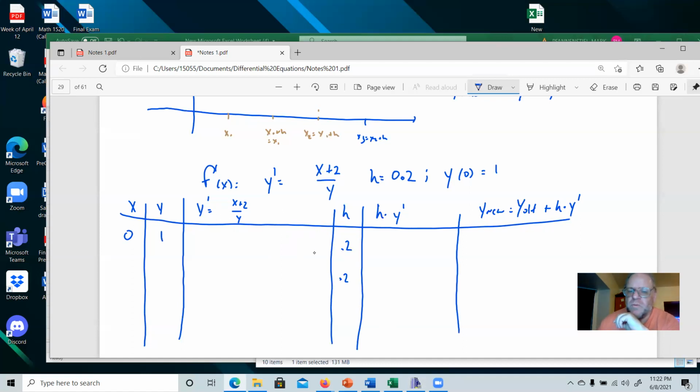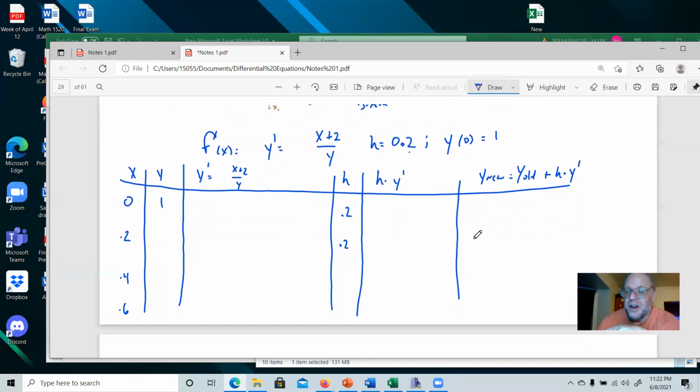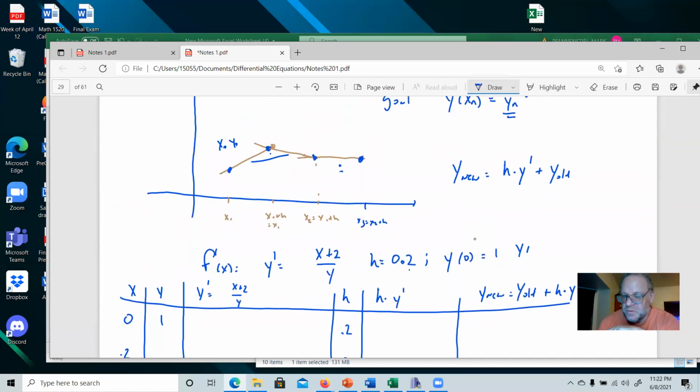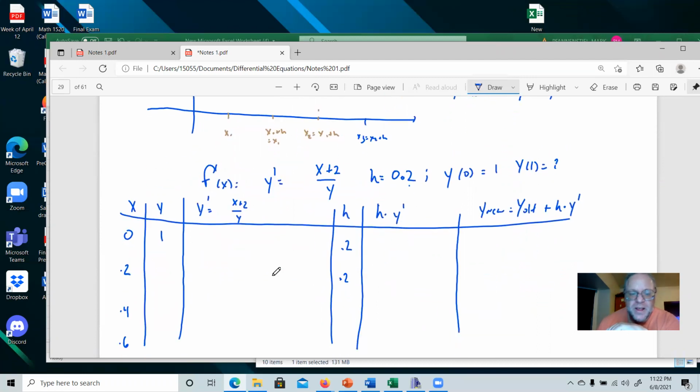Before we start off, when we advance by 1, what's our next X? Our X is whatever our previous one was, plus our H. So it's going to be 0.2, and then 0.4, and 0.6, okay? We want to know what's Y of 1 equal. Okay, that's our question. So back to the beginning, right?